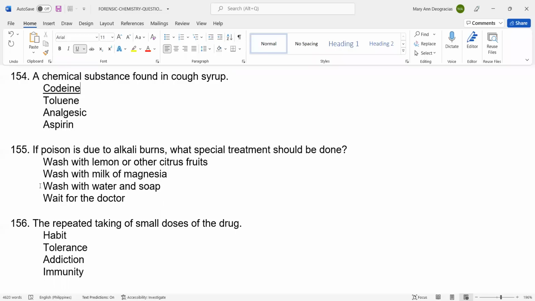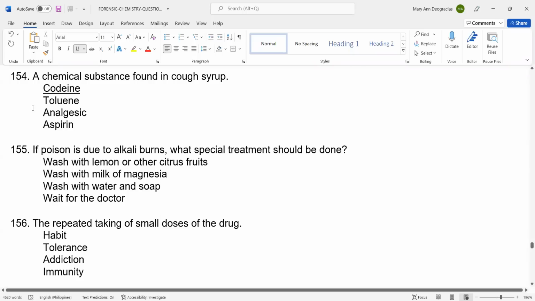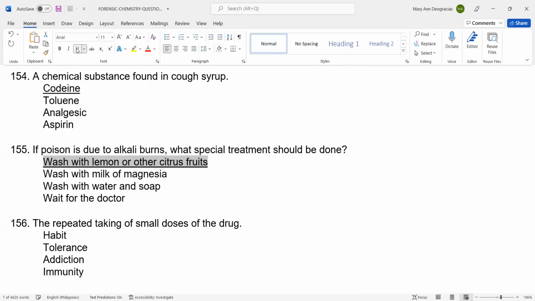Ika-counteract mo yung effect ng poison eh. So, yan, mga liquid salsa. So, ang pang counteract mo dyan is letter A. Wash with lemon or other citrus fruits. Neutralize mo yung effect ng mga alkali burns na yun. Okay.